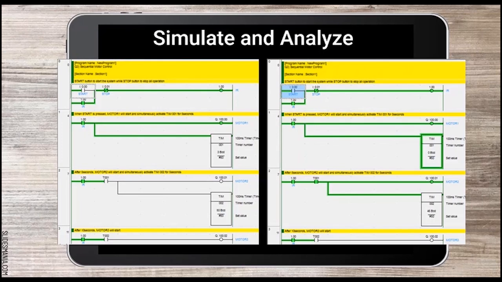In the right diagram, after timer 001 activates, at rung 0, due to latching, the internal relay coil remains active high and the contact stays closed, allowing current to flow. At rung 1, motor 1 remains on, while at rung 2, motor 2 will start running and activate timer 002 for 5 seconds.